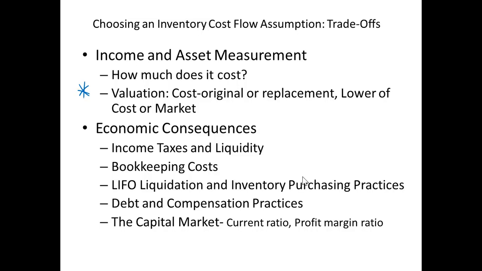Also, there are a lot of costs involved in tracking inventory, from income taxes and how it impacts your current ratios, your liquidity ratios, to how much it costs you to keep the books, to the idiosyncrasies of it, like LIFO liquidation and inventory purchasing practices that can help you manage your earnings, as we like to say, and how inventory can impact compensation, and how you get that bigger bonus.